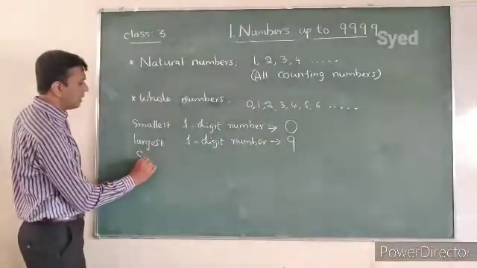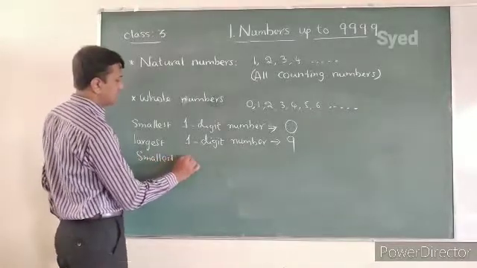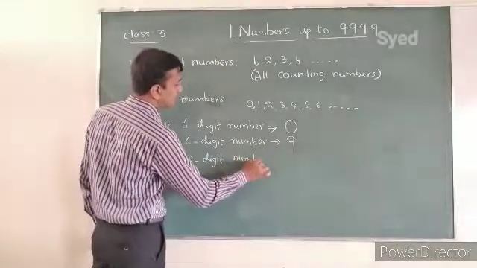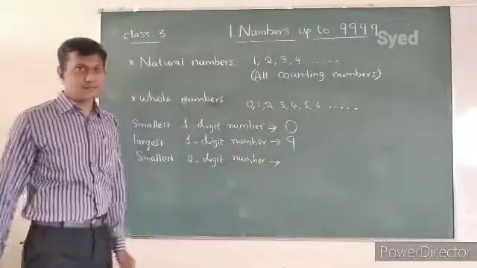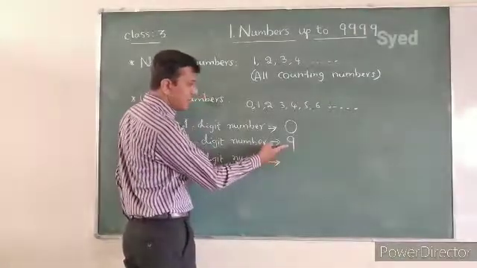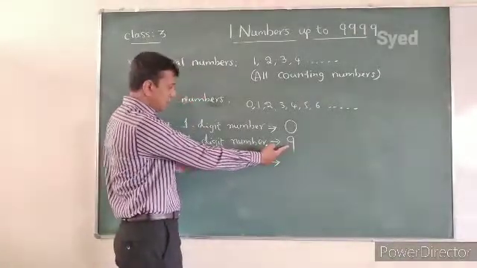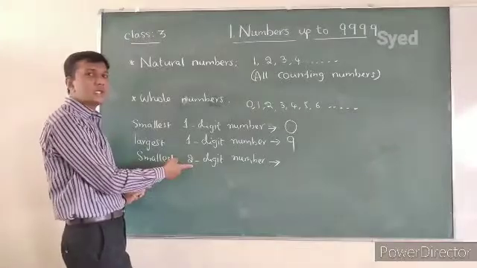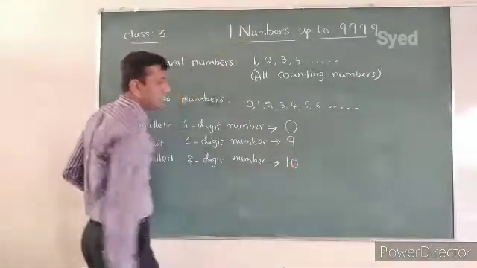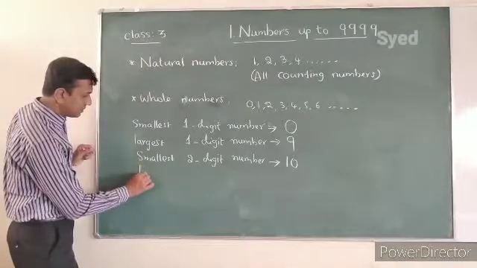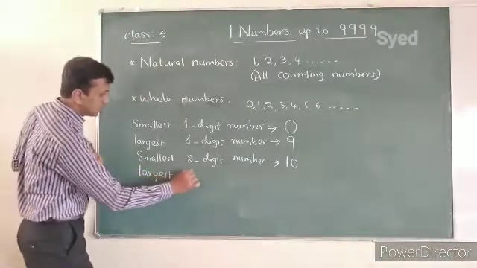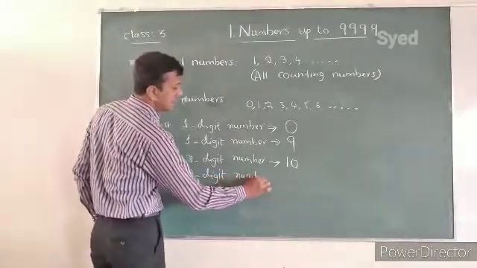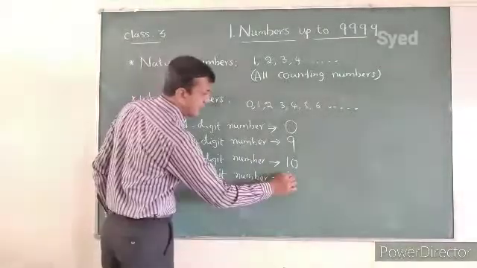Next we have the smallest 2 digit number. What is the smallest 2 digit number? Where the largest 1 digit number ends, after this, the smallest 2 digit number will come. 10. Next, the largest 2 digit number. What is the largest 2 digit number? 99.